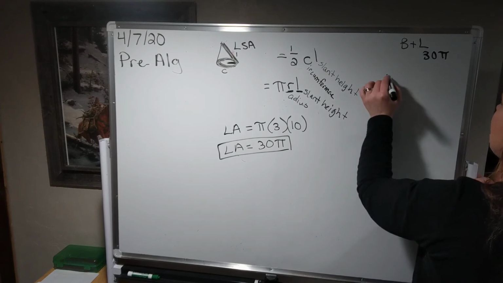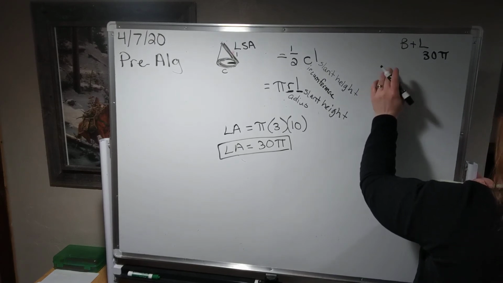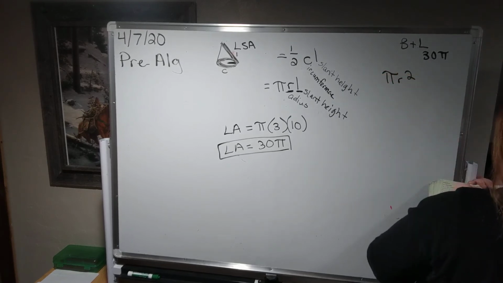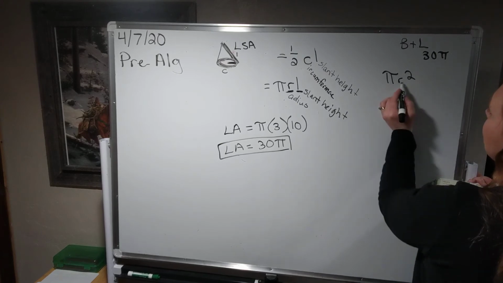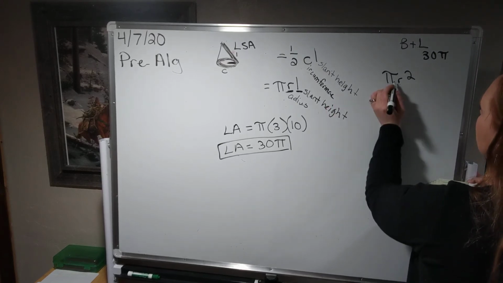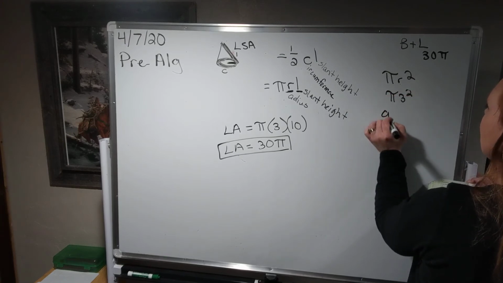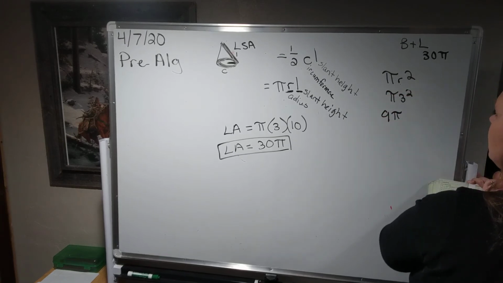Now remember, the area of a circle is pi r squared. Okay? And our radius is 3. So we would have pi 3 squared, which is 9 pi. Okay?